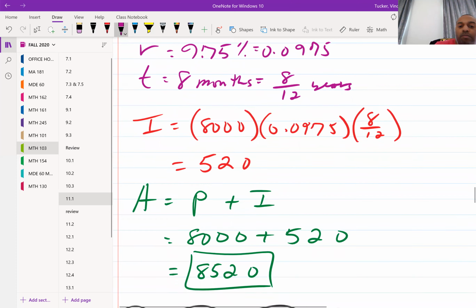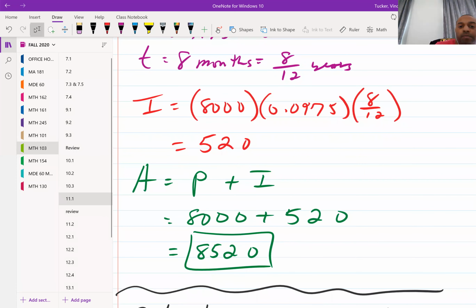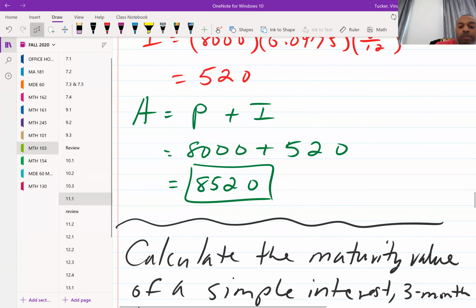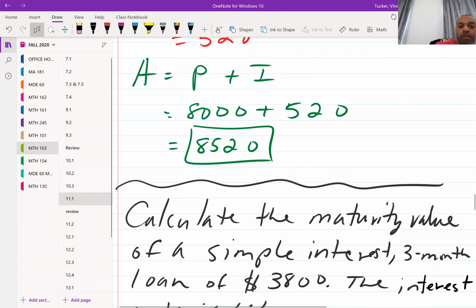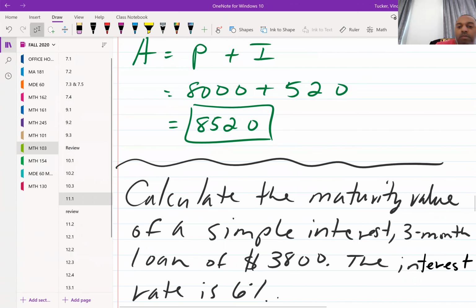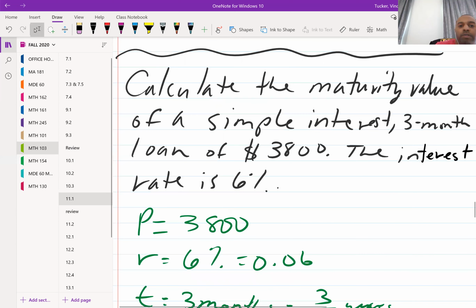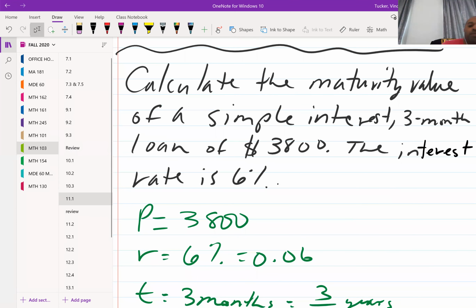All right, problems with that? All right, so let's calculate the other way using the other formula. Let's calculate the maturity value of a simple interest 3-month loan of $3,800. The interest rate is 6%.